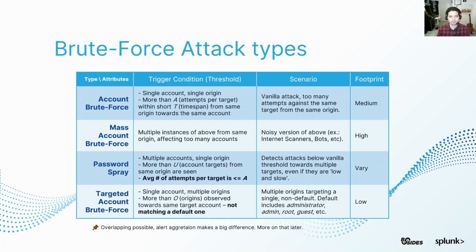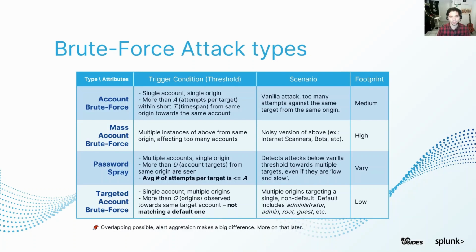Some attacker recently discovered that there are many accounts that are important within the targets, and those accounts are not the default ones, like admin, root, backup, and things like that.